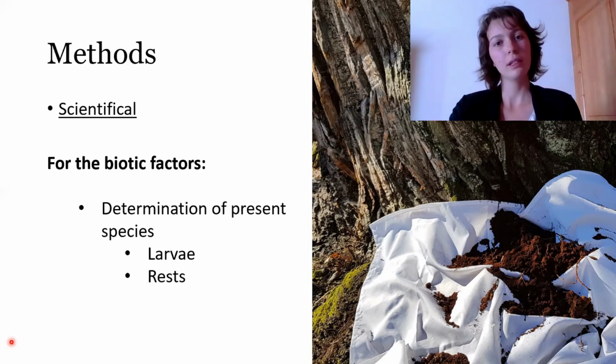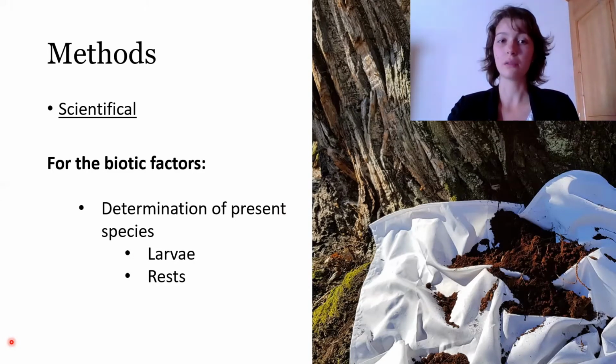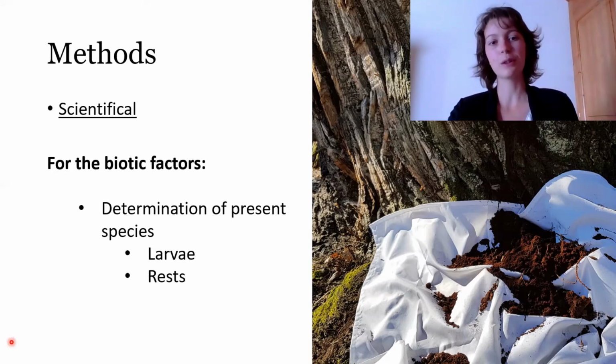After having found the cavities, I wanted to find out what species of beetles lived there. So to do so, I used a white sheet, as you can see on the image, and that I did to facilitate the seek for living larvae or insect rests, as for instance, elytra, thorax, excrements, or other body parts.